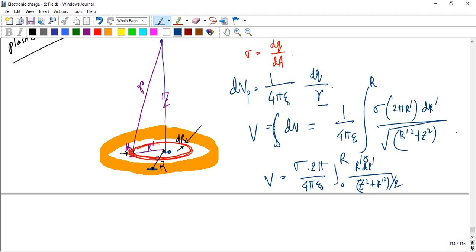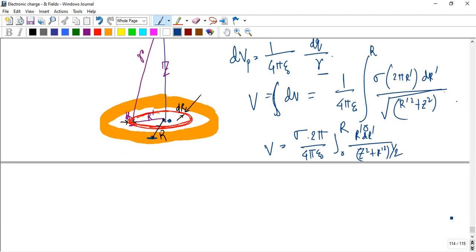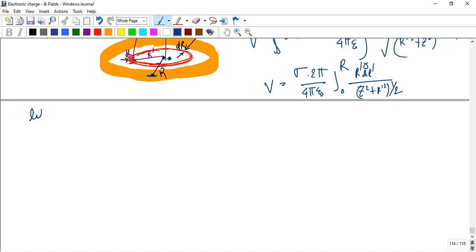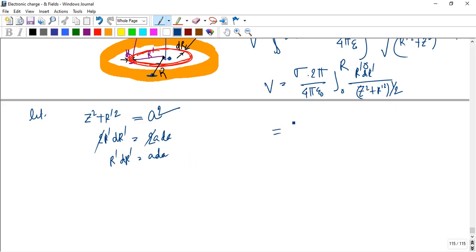Now solve this integral in an easy way. Assume z square plus r dash square equals a. Differentiating, 2 r dash dr dash equals 2a dA, so the 2 cancels and r dash dr dash equals a dA.